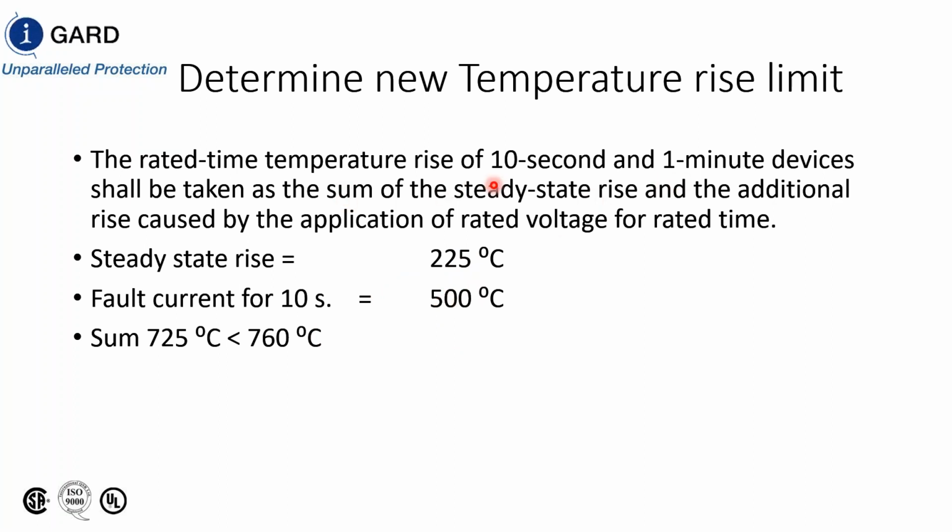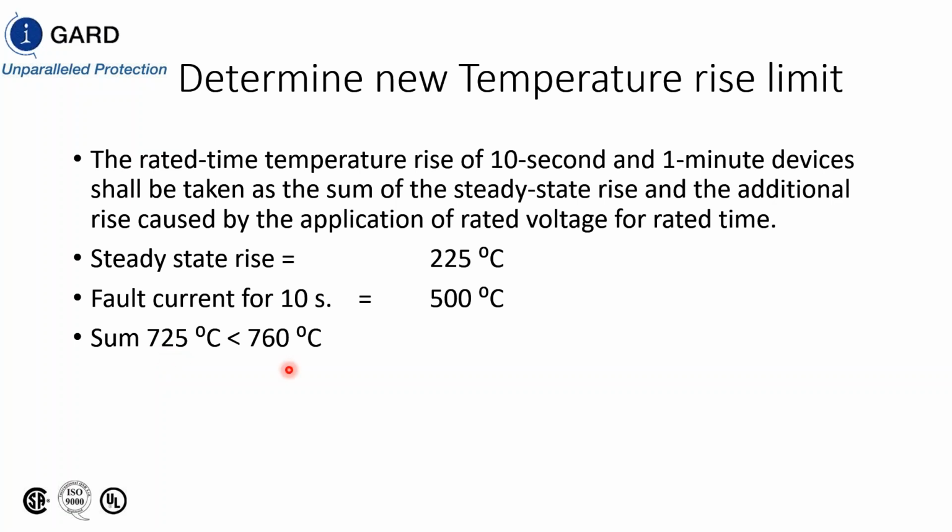We sum those two temperatures together according to the rating of a 10-second resistor, taken as the sum of the steady state rise and the additional rise by the application of rated voltage for rated time. The sum of those two temperatures is 725 degrees.